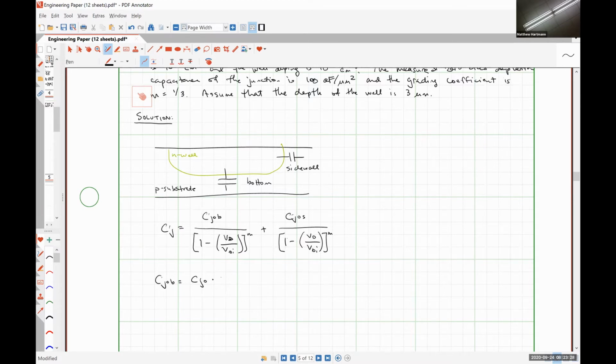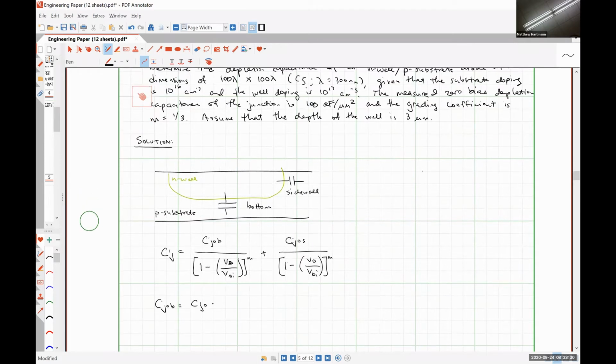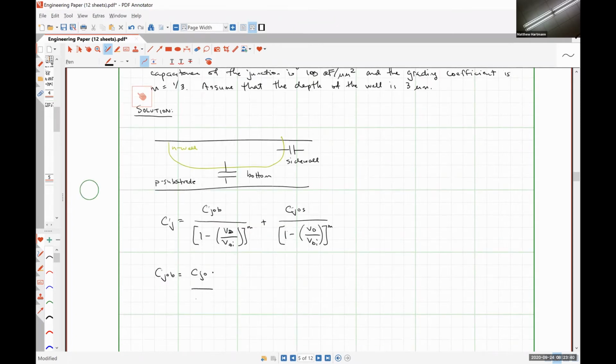Recall that CJ0 is the capacitance of 100 attofarads per micron squared, and this guy has units of farads.